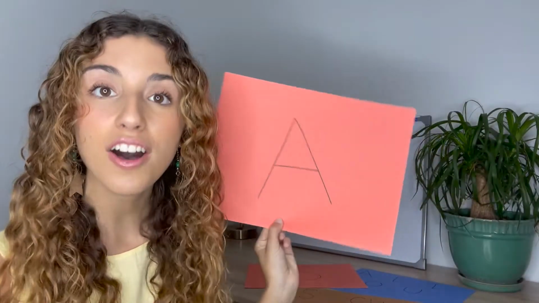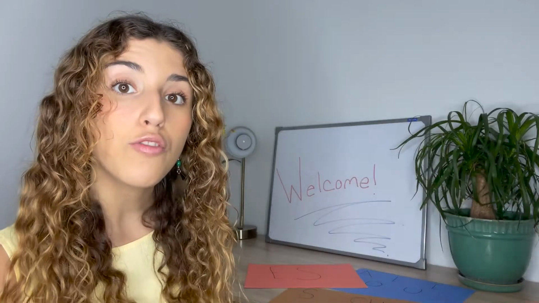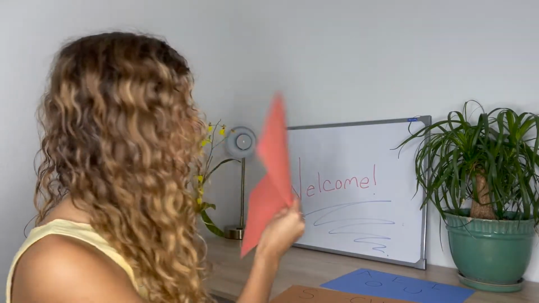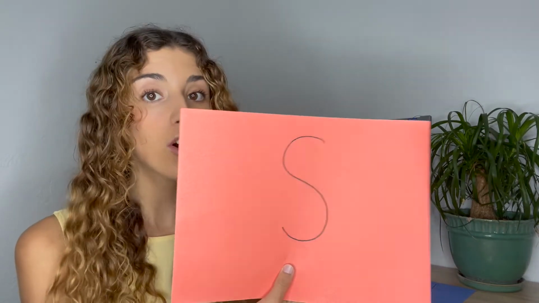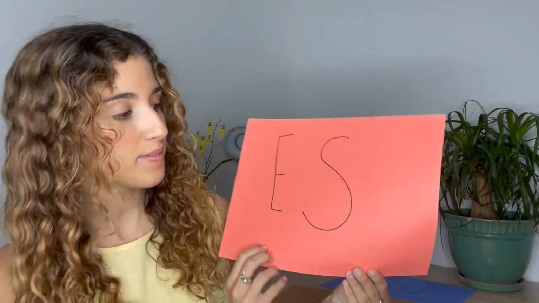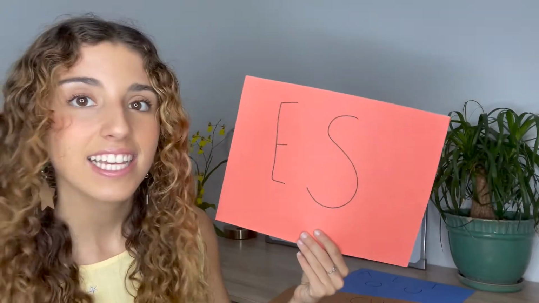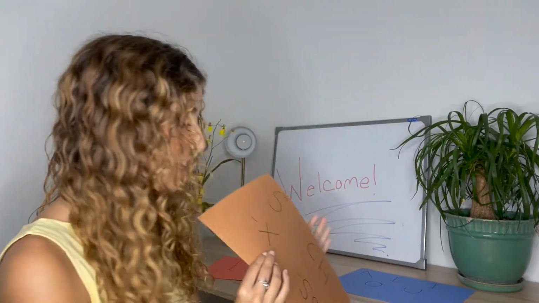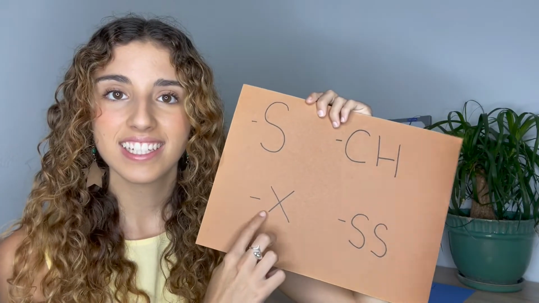Correct, a fox. If we want to make it plural, what do we do? Do we add an S or an ES? Correct. We add an ES because it ends with an X. Good job.